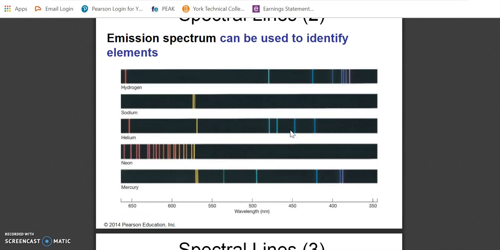Remember, this is going back to the 1860s. Hydrogen, of course, you could get hydrogen gas into a tube, and you look at the sun and you get the hydrogen spectra, and then you get hydrogen glowing.